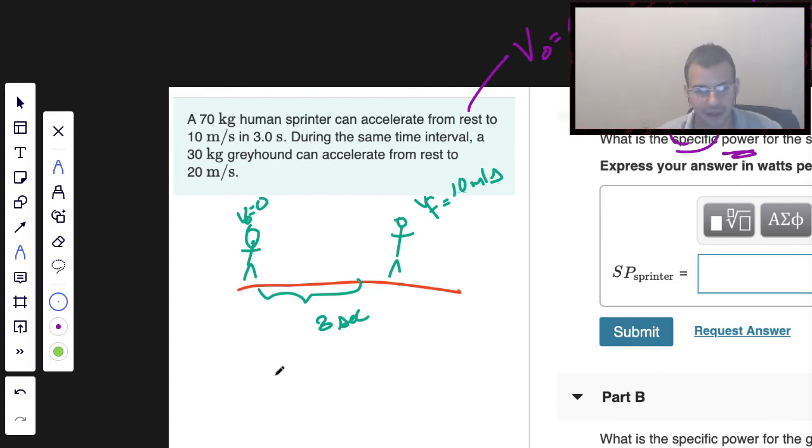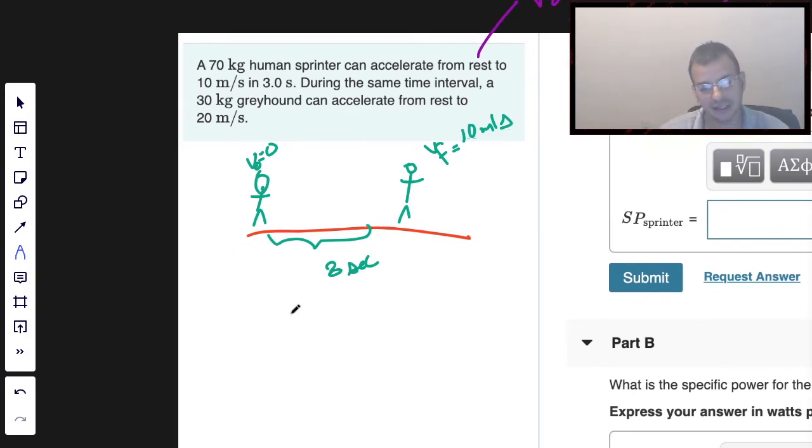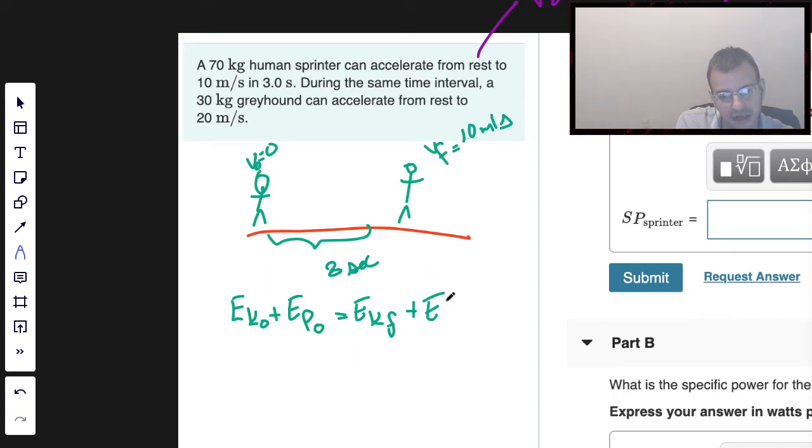Okay, so now we got that. We can say that energy kinetic initial plus energy potential initial equals energy kinetic final plus energy potential final.